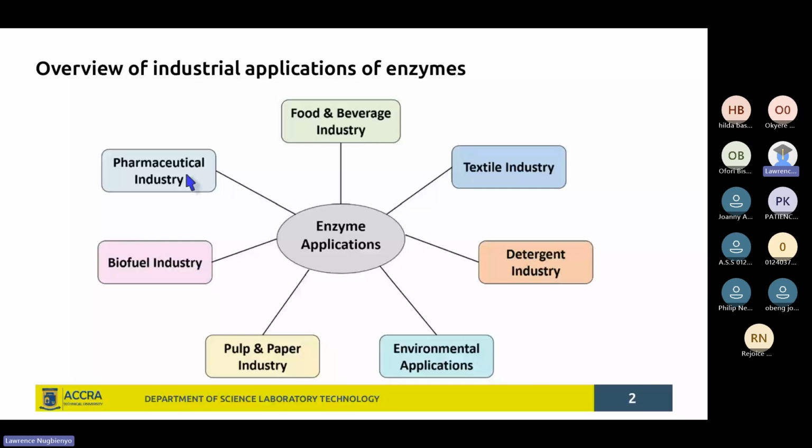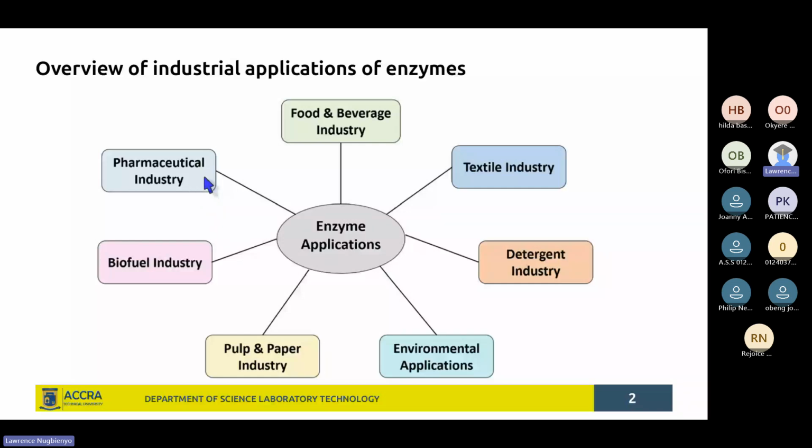And in the last lecture, we did look at how enzyme inhibition and kinetics is applied in drug discovery, drug manufacturing, and how some specific enzymes are targeted in some health conditions. So for the pharmaceutical industry, I think we very much looked at how enzymes are applied in that field. I think the only other fields that we have not looked at very much will be the rest.